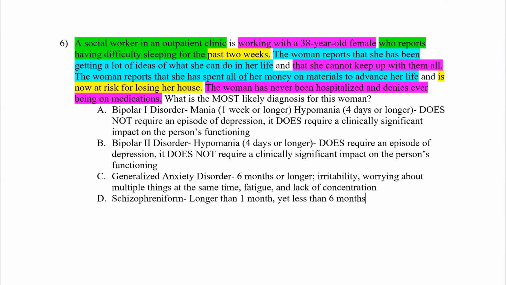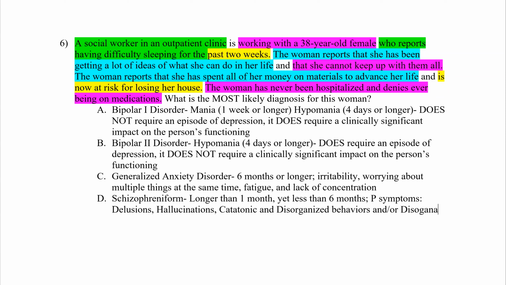And this is where we're going to have the positive symptoms: delusions, hallucinations, catatonic, and or disorganized behaviors, and or disorganized speech. So let's look back at the question to see what we're looking at in particular.